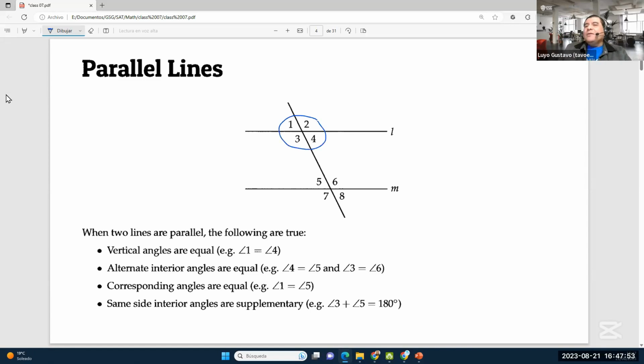This theory of alternate angles. When two parallel lines cross a third line, then the same set of four angles are created around the intersection points. So here we have that this angle here is opposite to this one, so they are the same.